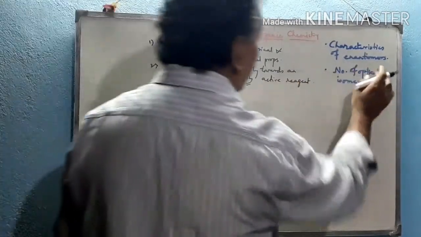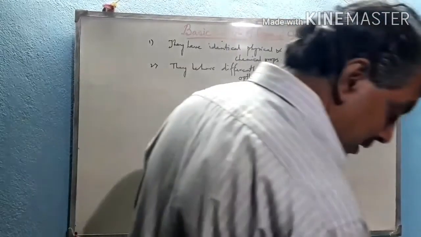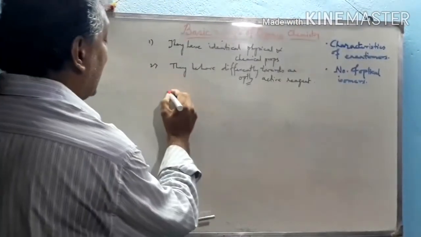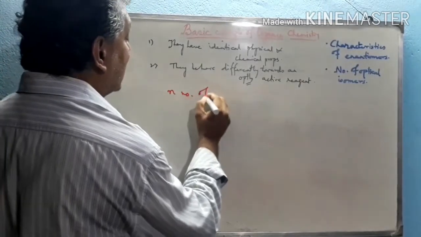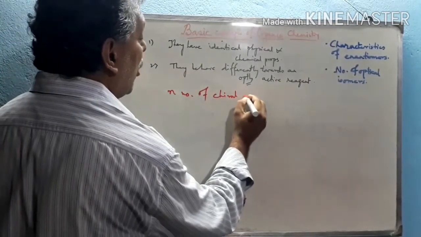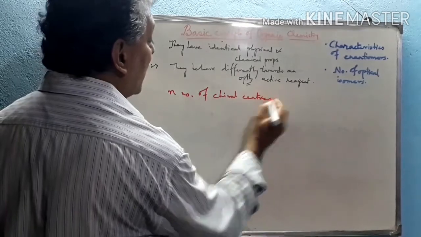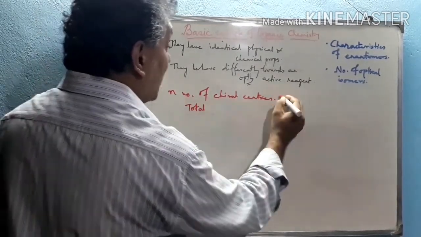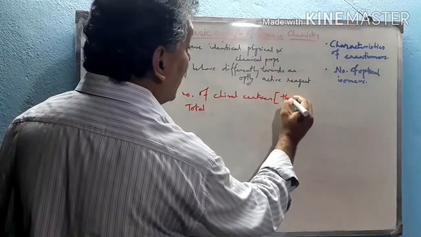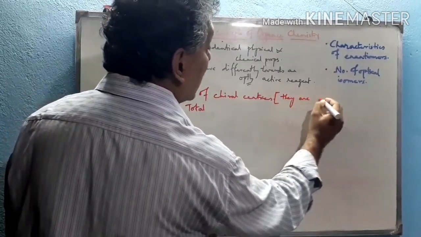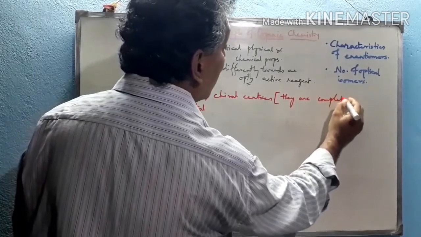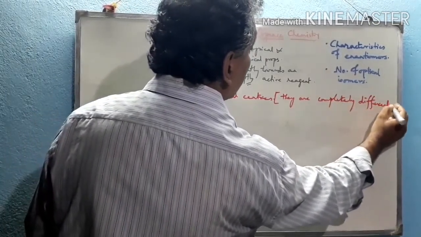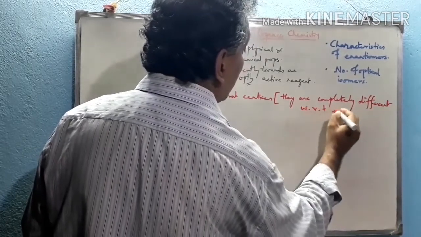Now the next point is the number of optical isomers. How many isomers can be obtained, suppose a compound contains n number of chiral centers, then the total number of optically active isomers, with n chiral centers, and they are completely different with respect to each other.